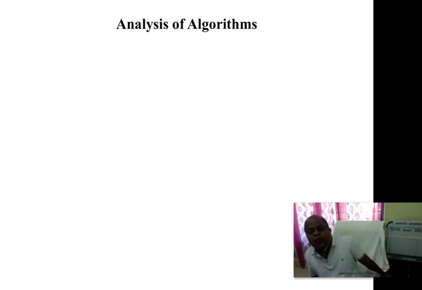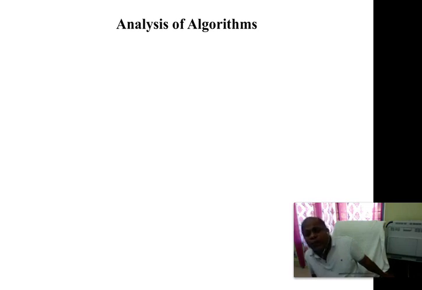There we also discussed the RAM model of analysis of the algorithm, and also the Turing machine model, for finding the time or space complexity of an algorithm. We also discussed time complexity and space complexity, and big O notation, theta notation, and omega notation.